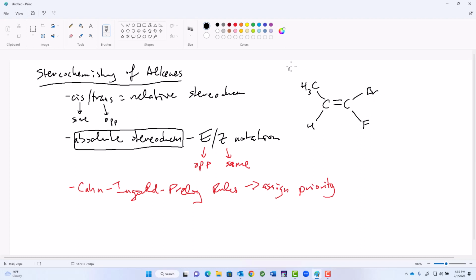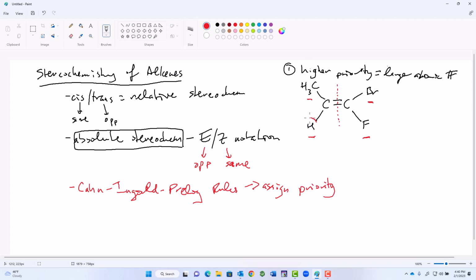So the first rule in assigning priority is higher priority comes from a larger atomic number. So the higher the atomic number, the higher priority. So what we're going to do is we're going to take this double bond, we're going to split it down the middle, and we're going to compare the substituents on either side of the double bond and see which one is high and which one is low.